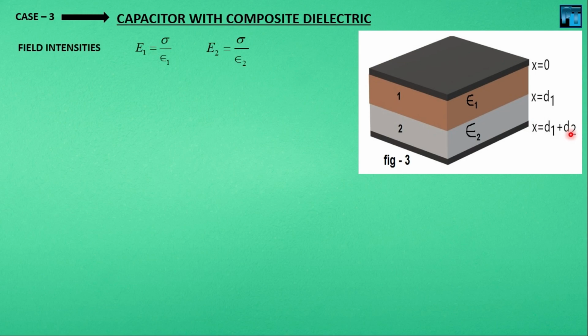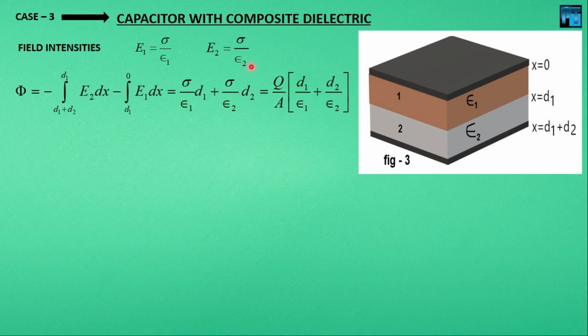Okay, so now for 1, E1 equals sigma by epsilon 1, and for 2, E2 equals sigma by epsilon 2. Now the integration comes. See, here is one more boundary, so the integration will not be the same as before. First we shall go from d1 plus d2 to d1, then from d1 to 0.